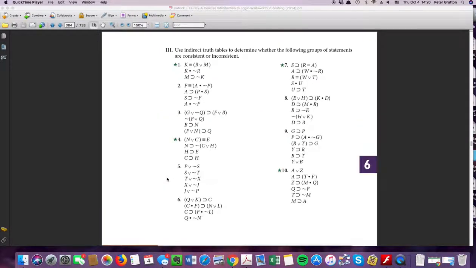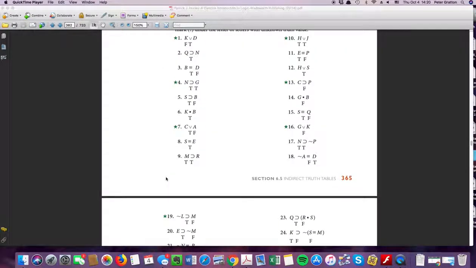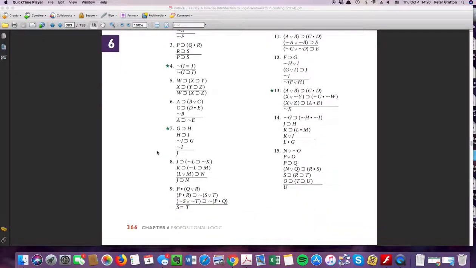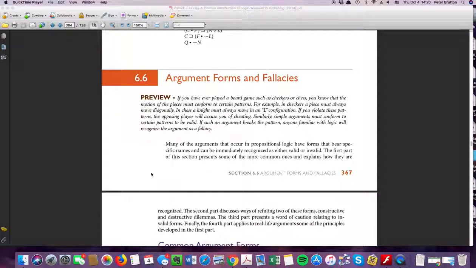And this is, in some sense, following up on what you were doing in previous chapters, looking at whether certain arguments were valid or invalid, and having to do all of the work each time, whether through direct, that is, long truth tables, whether 4, 8, 16, 32, 64, or 128 lines in a truth table, to recognizing right away various argument forms and fallacies.